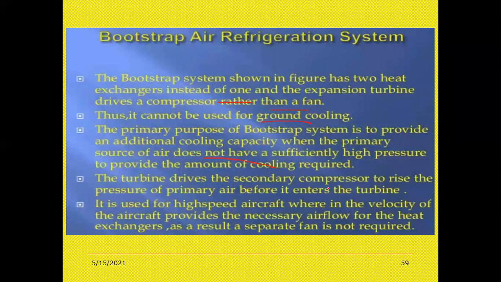It is used for high-speed aircraft where the velocity of the aircraft provides a relatively high airflow for the heat exchangers. Therefore, a separate fan is not required. So the bootstrap system is generally used for high-speed aircraft applications where a separate heat exchanger fan is not required.